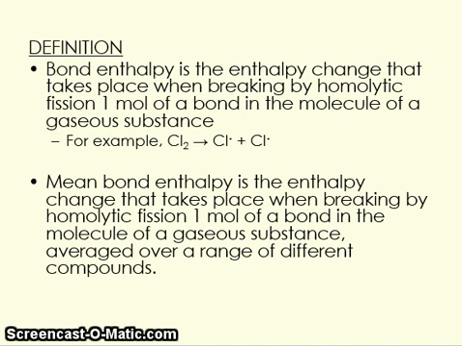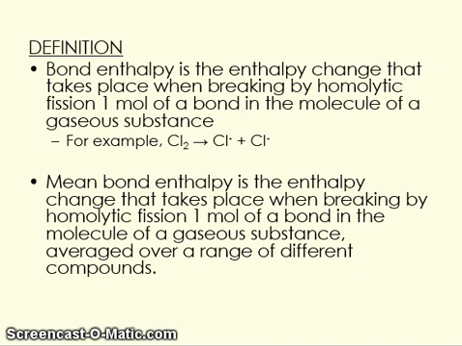Now, there's a difference between homolytic fission and heterolytic fission. You don't need to worry about it too much, but what it means is when you've got homolytic fission, the two electrons in the bond will go to different places. So even though it says homo, and you might expect that the electrons will go to the same place, what it means is that the fragments you get are the same.